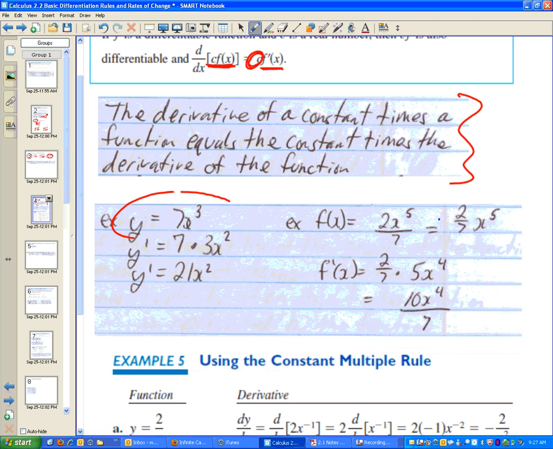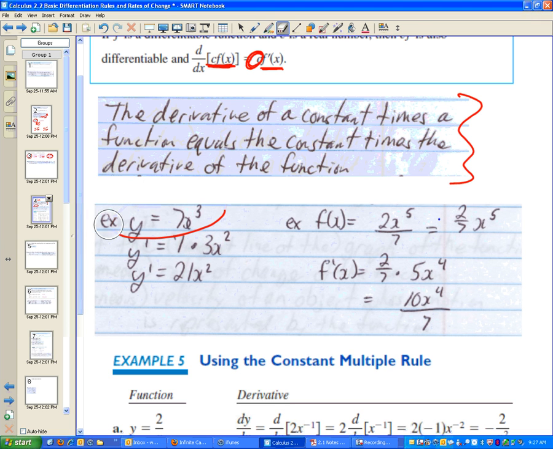Okay? Here's how this works. If we have y equals 7x to the 3rd, think of that as a constant multiple rule problem. Think of that as 7 times x cubed. 7x cubed means 7 times x cubed. So when you find the derivative, think of that as 7 times the derivative of x cubed, which we know how to do with the power rule.